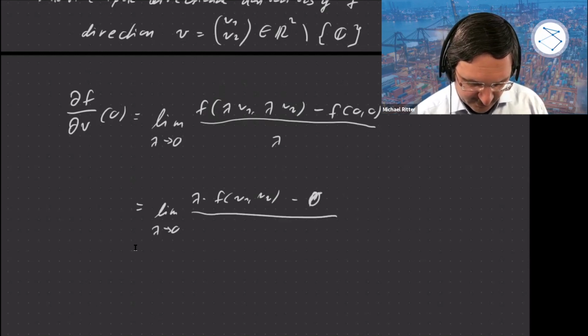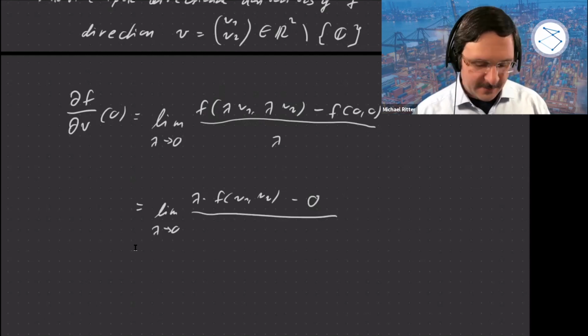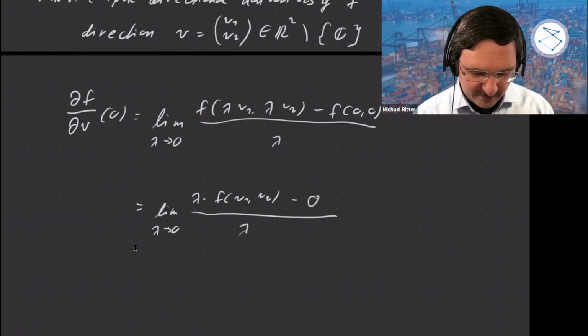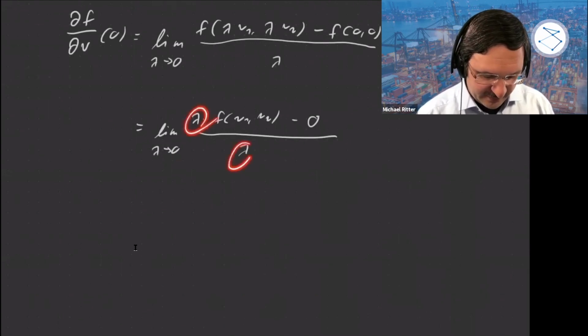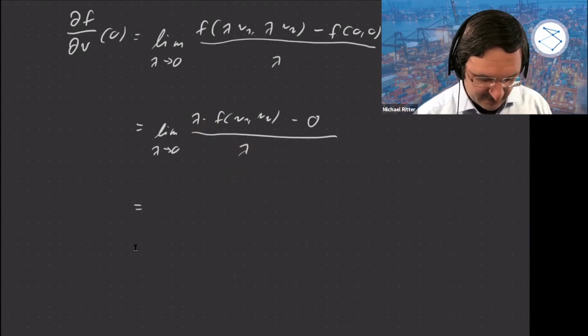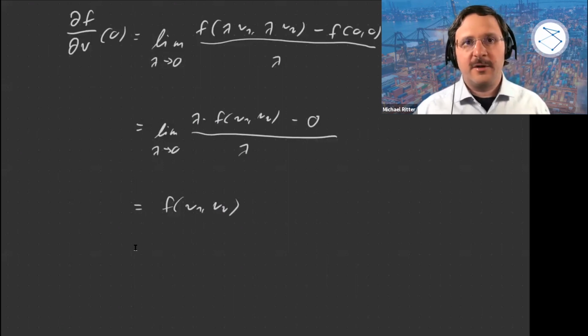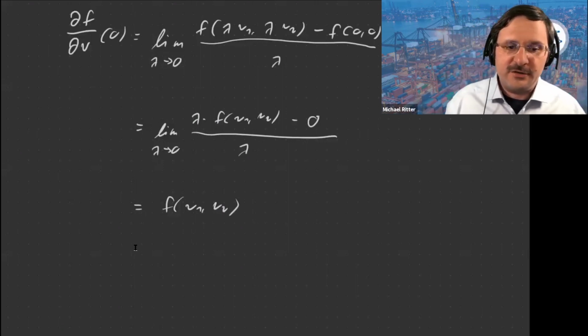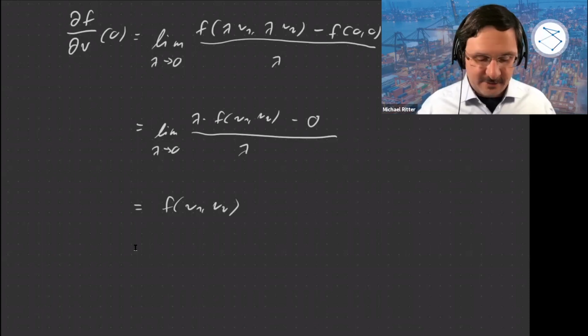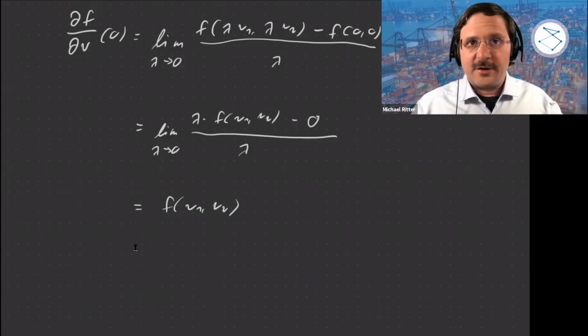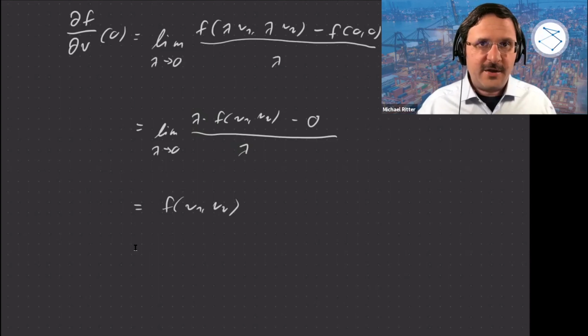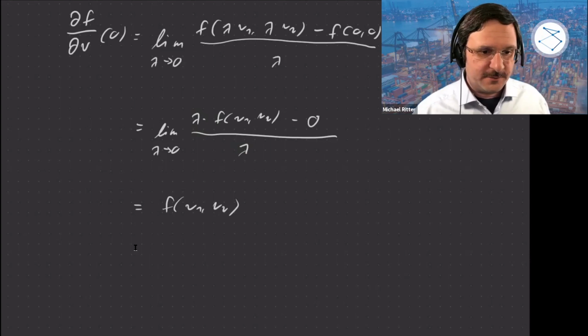Well, f of 0, 0 is just 0, the number 0, that should be more clear. And we divide that by lambda. Well, and of course, now we can just cancel out the lambda here. So what we get is f of v1, v2. It does not depend on lambda anymore, so no need to take a limit here, right? So that is the value of the limit. So that means the directional derivative of f at 0 is defined, and it simply is equal to f of v1 and v2.